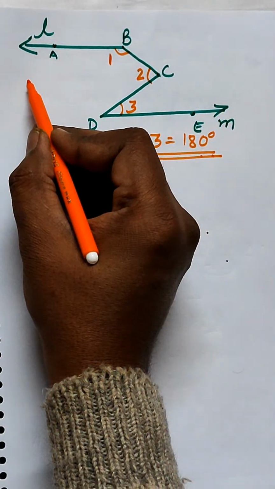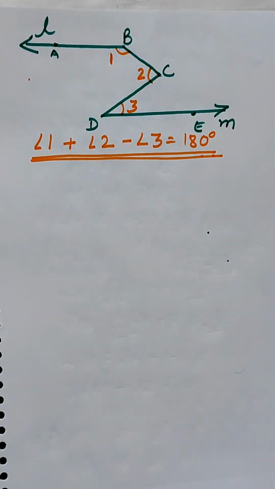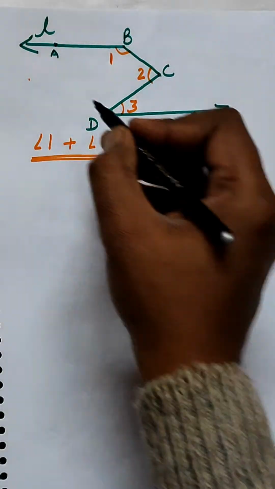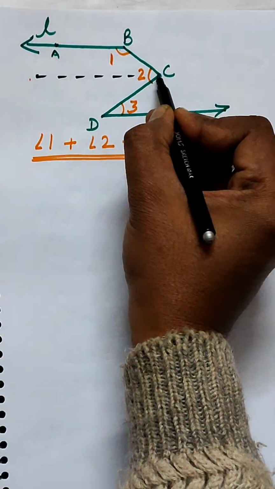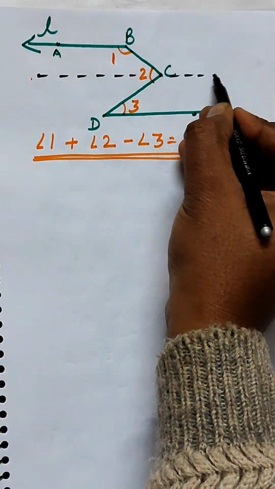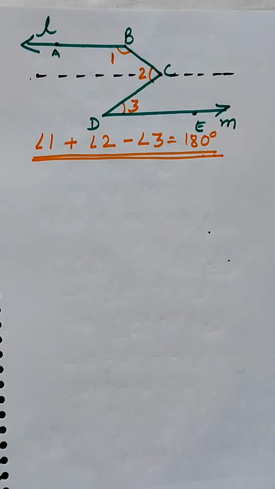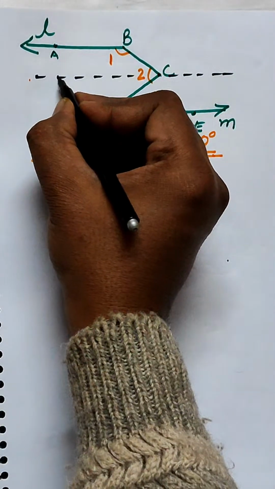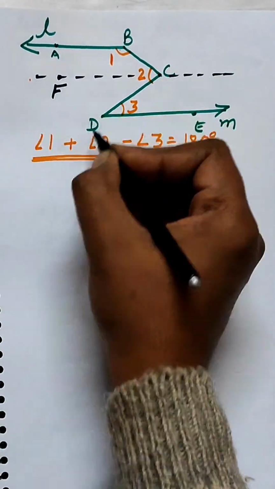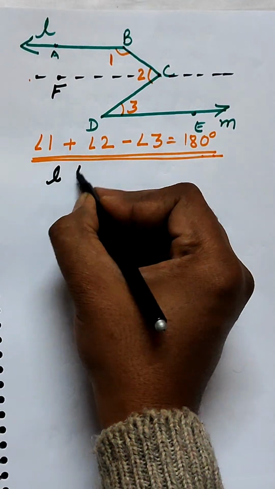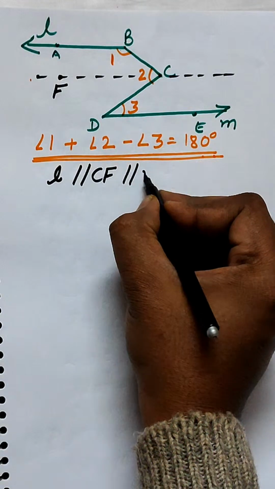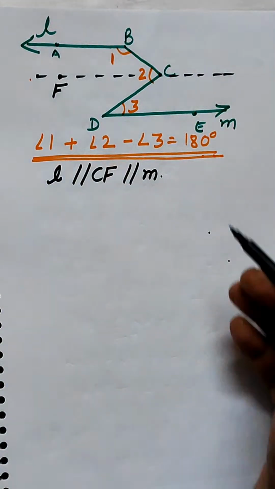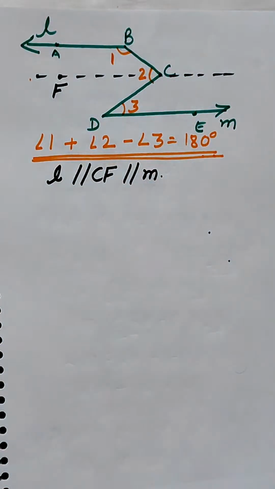So when you draw a parallel line like this, let's say this is the point F. Then L is parallel to CF, which is also parallel to M. These three lines are parallel.